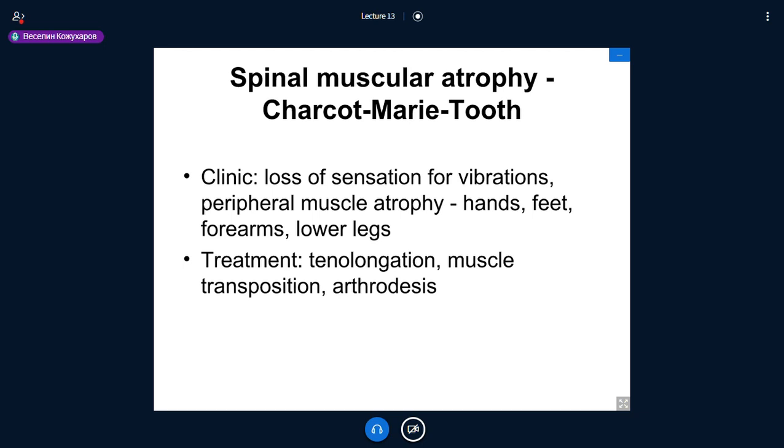Then there is spread to the forearms and lower legs. Then it comes time for the hips and gluteal muscles.